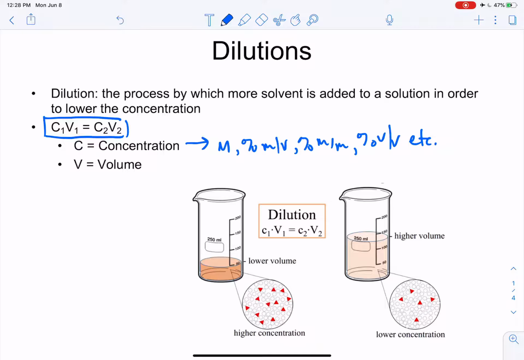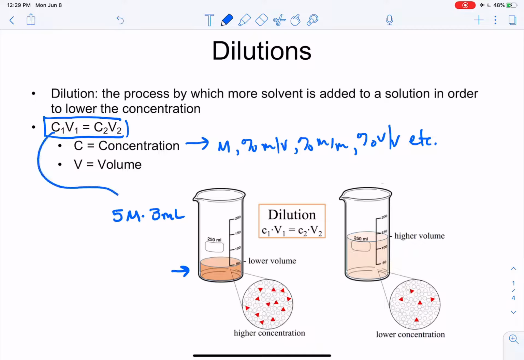So say we have the solution on the right over here, and we have a concentration of 5 molar and we have 3 milliliters of this stuff. I just made that up. What we need to do is we need to have something that equals 3 times 5 on the other side of the equation.